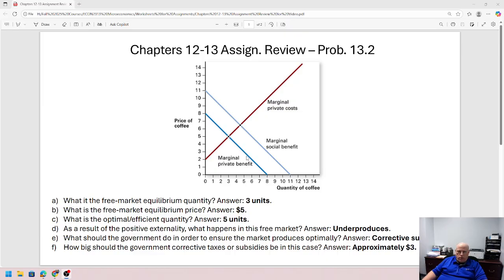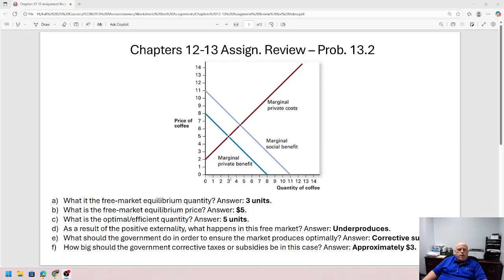Where those two intersect is the equilibrium quantity, which is 3 units of coffee. So the correct answer for part A is 3 units.